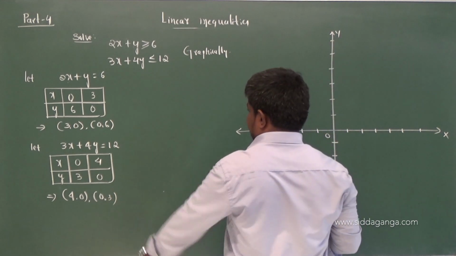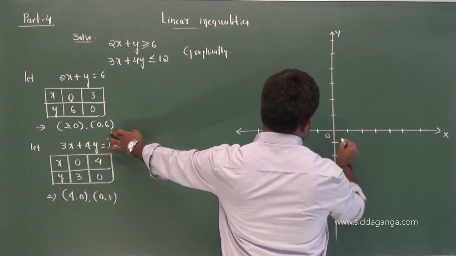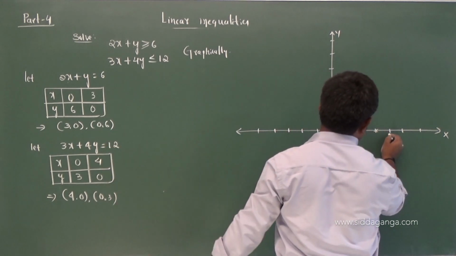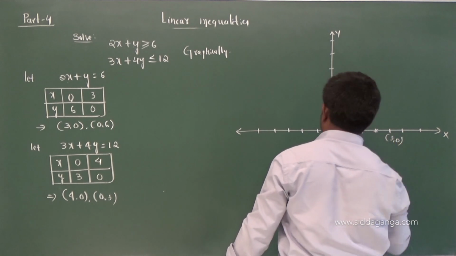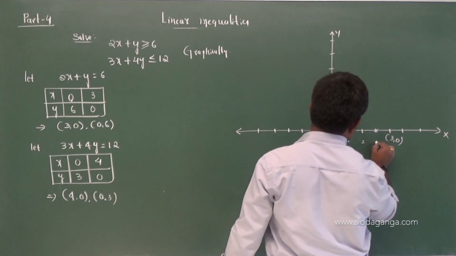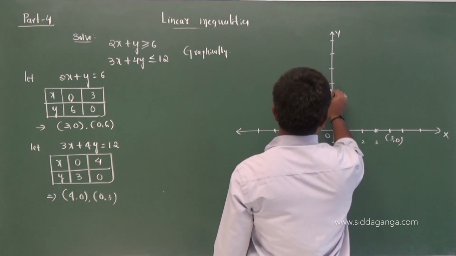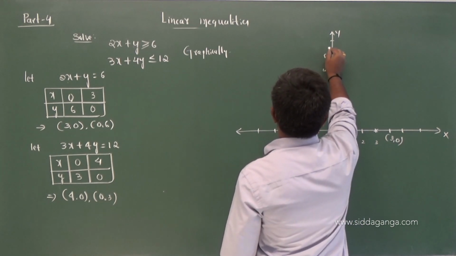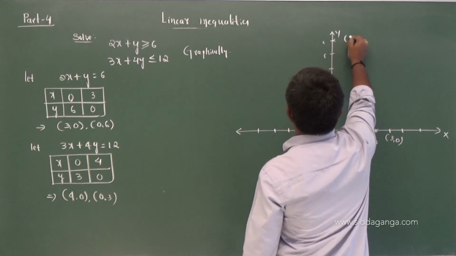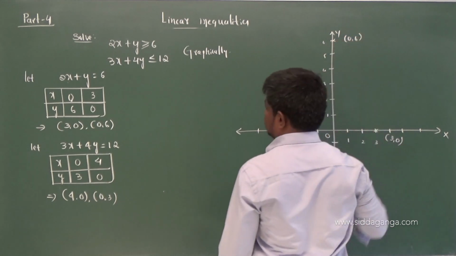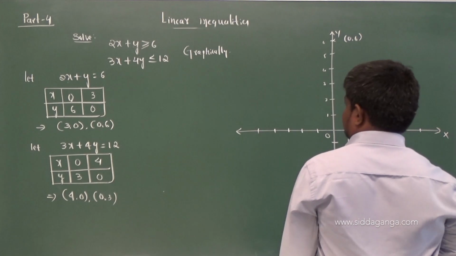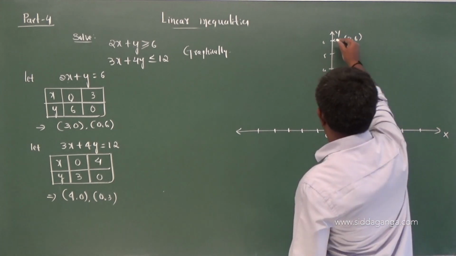So first line: 3 comma 0 and 0 comma 6. This is your 3 comma 0 and 0 comma 6. Draw the line. Since we have a slack inequality, so shaded line.